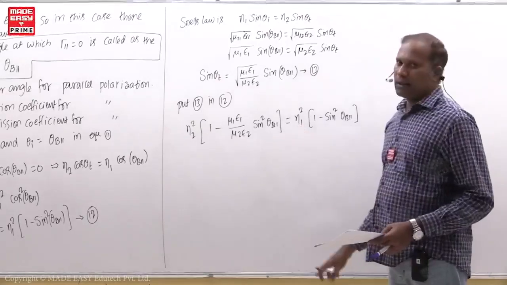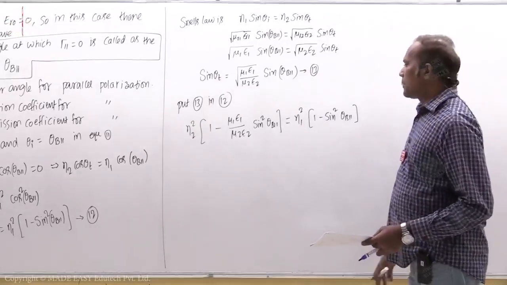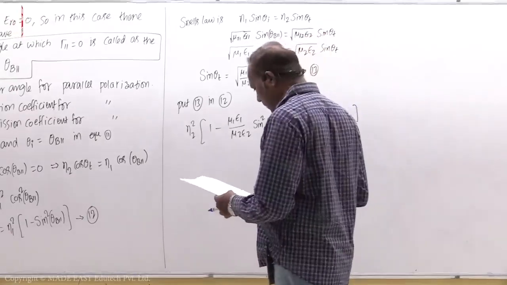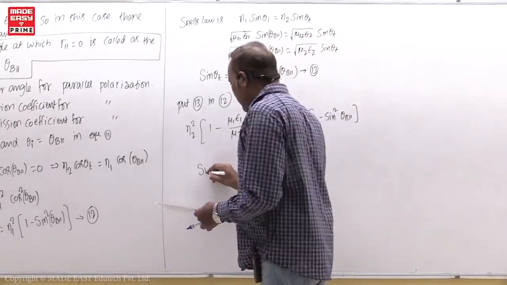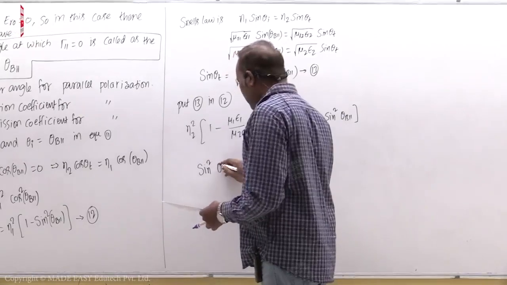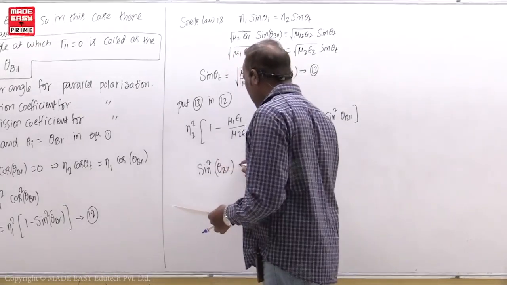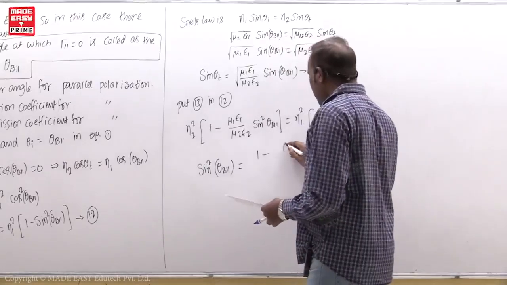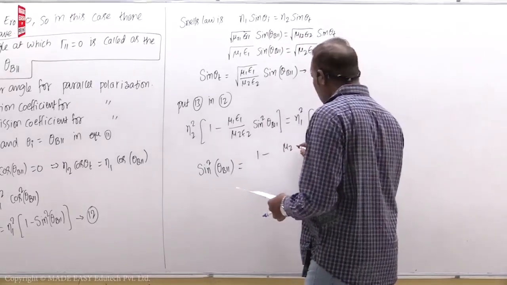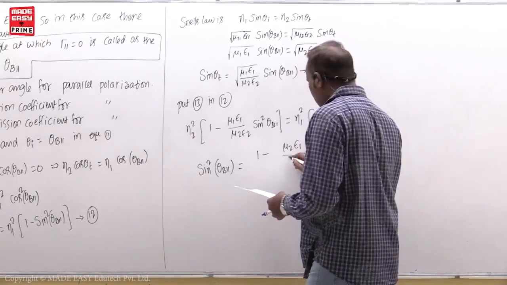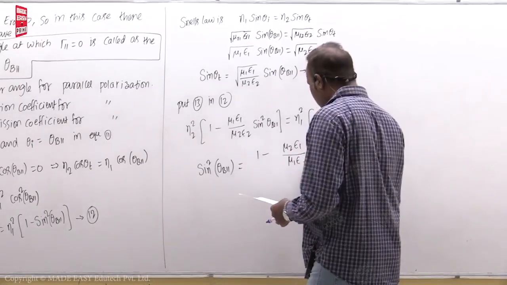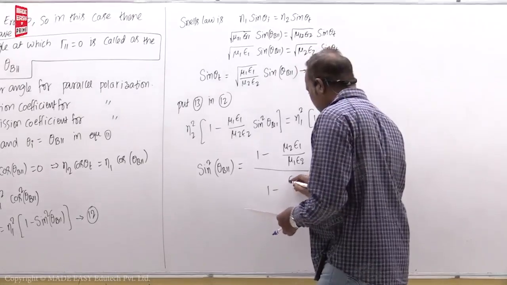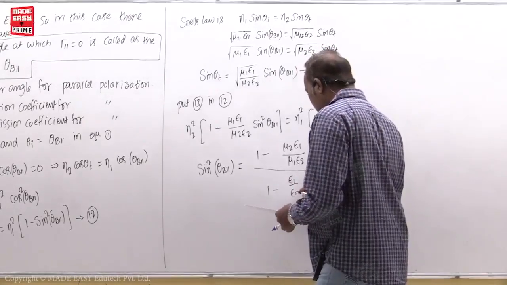Eta 1 square means mu 1 by epsilon 1. So from this you can find sin square theta B. Here you get sin square theta B parallel, Brewster angle for parallel polarization, that is 1 minus of mu 2 epsilon 1 divided by mu 1 epsilon 2 divided by 1 minus of epsilon 1 divided by epsilon 2 whole square.